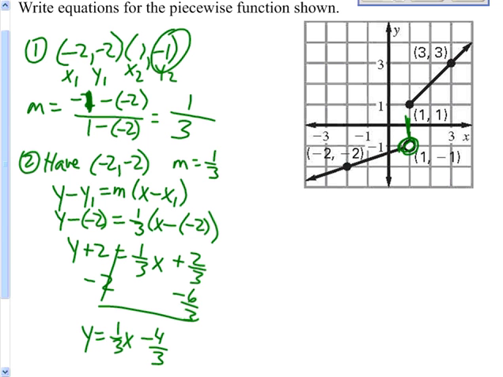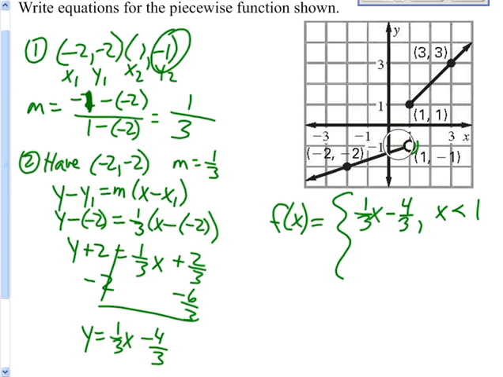So where's it open at? An x value of 1, and then it goes to the left, so less than 1. So your equation is going to be this linear equation, 1/3 x minus 4/3 that we found, but only when it's less than an x value of 1. It starts at an x value of 1, it does not include it, and then that line shoots left.